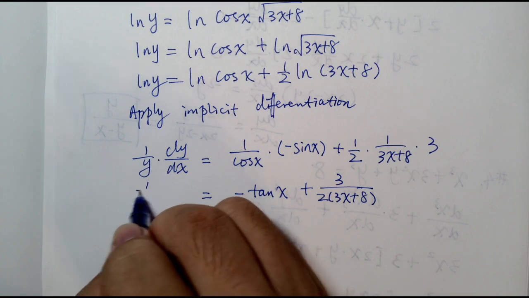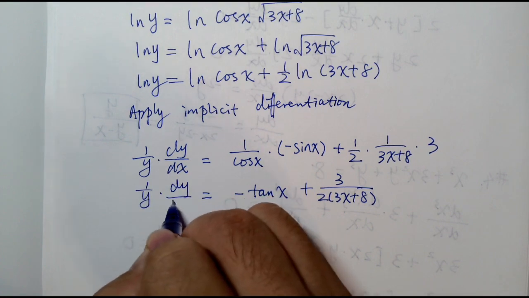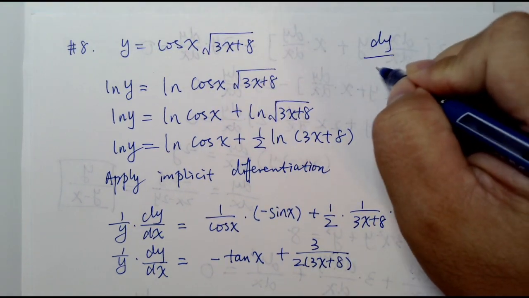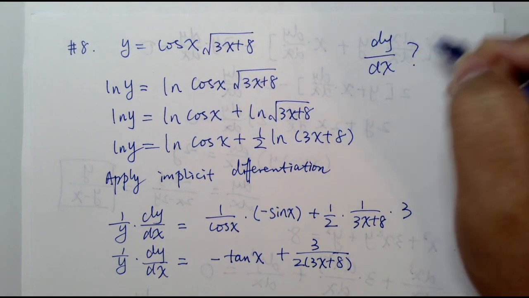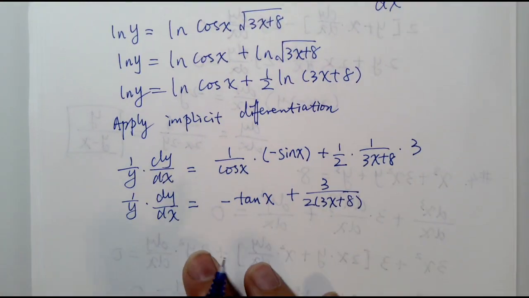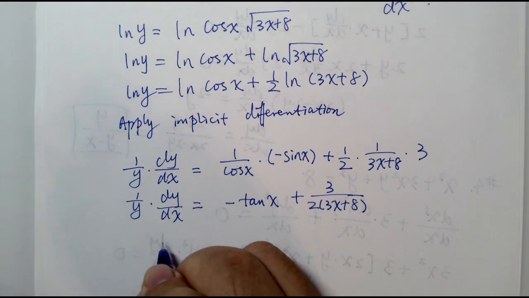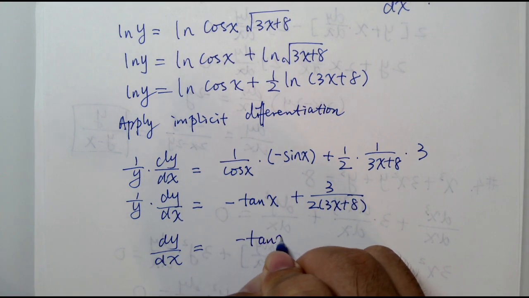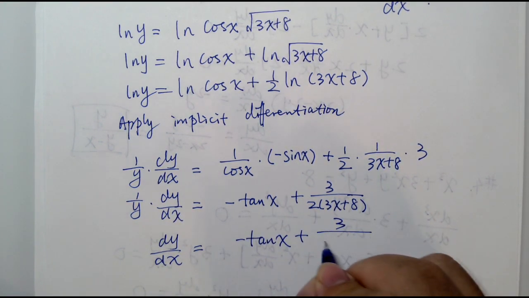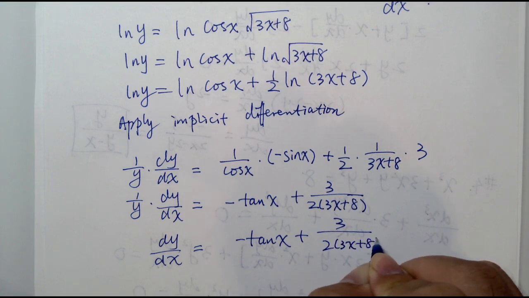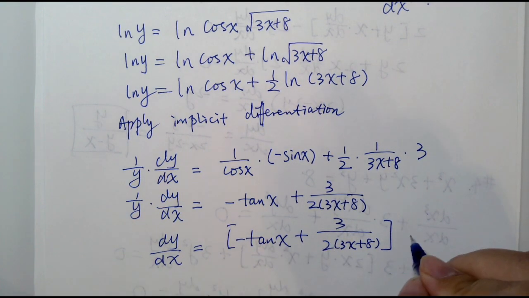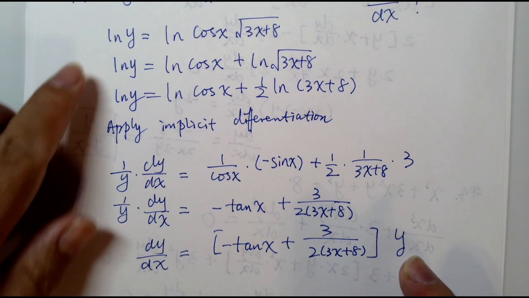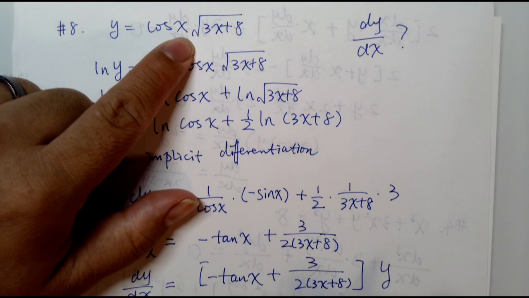Plus 3 over 2 times (3x plus 8). And then, since we are looking for this dy/dx, right? So we're almost there, right? So dy/dx equals (negative tan x plus 3 over 2(3x plus 8)) times y. But what is my y, right? Well, don't forget y is this guy.